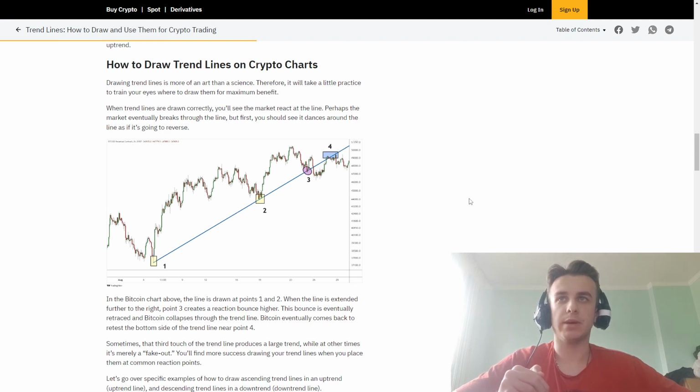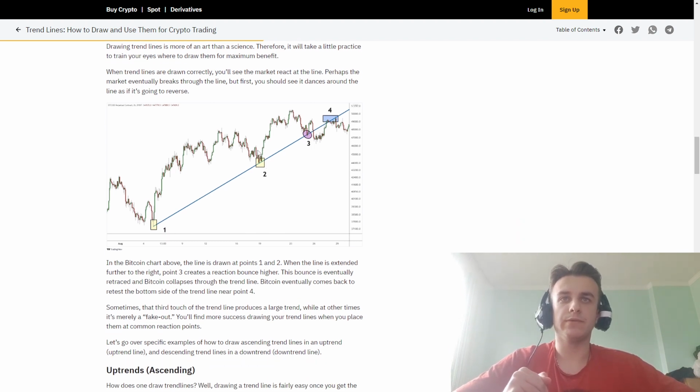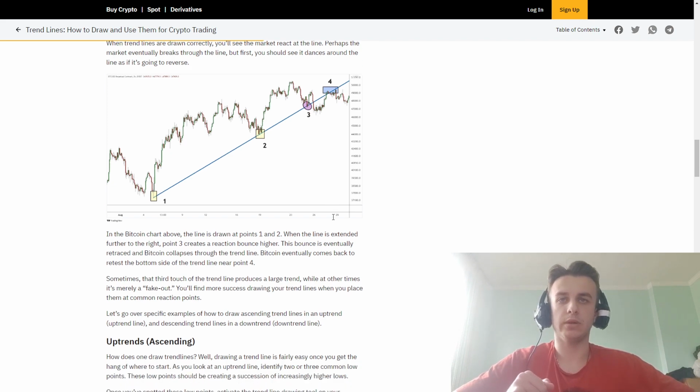Perhaps the market eventually breaks through the line, but first you should see it dance around the line if it's going to reverse. You can see 1 point, 2 point, 3 point and 4 point. It's just under the trend, under once, and under again. It's just higher right now.